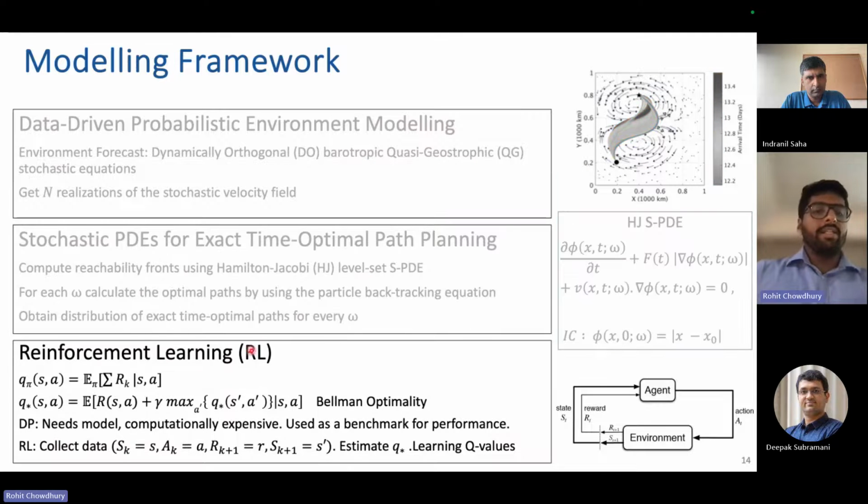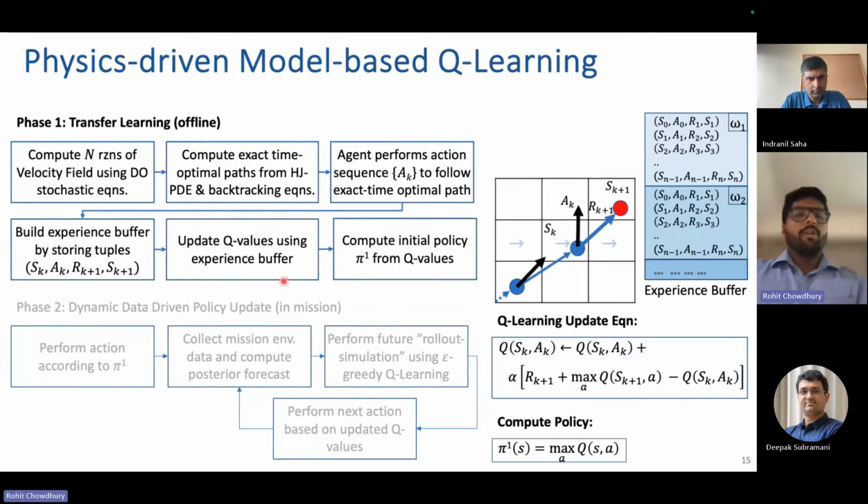After that, finally, the idea is to use reinforcement learning algorithms like, let's say, Q-learning, so that we can learn or estimate the optimal Q values from the trajectory information. And then we use the dynamic programming solutions as a benchmark for our model. So this is how the overall algorithm works.